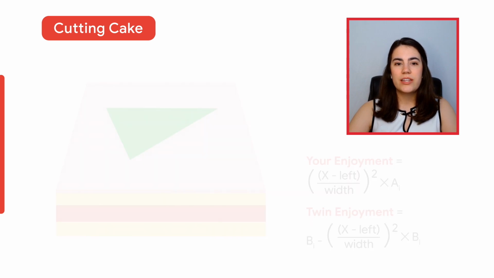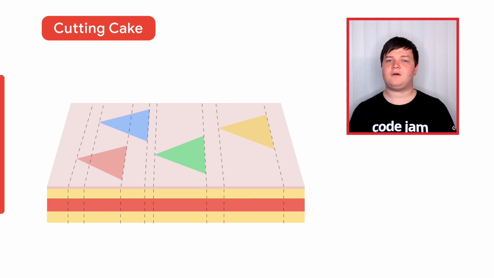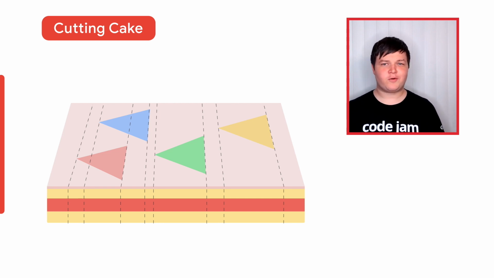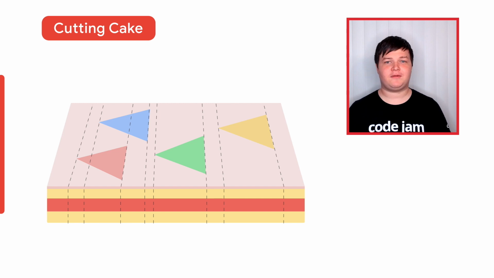So if we consider cutting the cake somewhere between two adjacent x-coordinates, we know that for every possible cut location in that window, every patch is either entirely to the left, entirely to the right, or always inside our range. Oh, so the overall function for the enjoyment values is a piecewise polynomial.